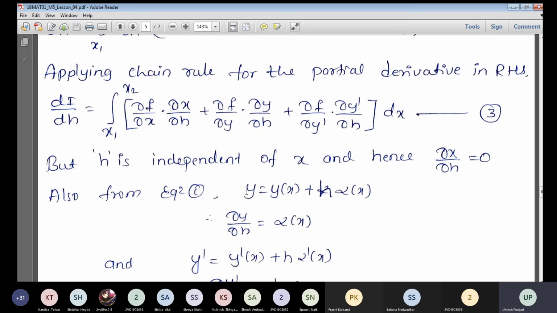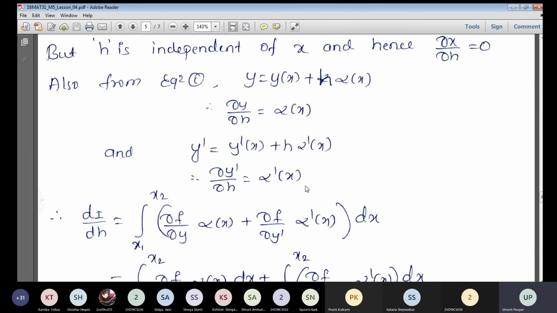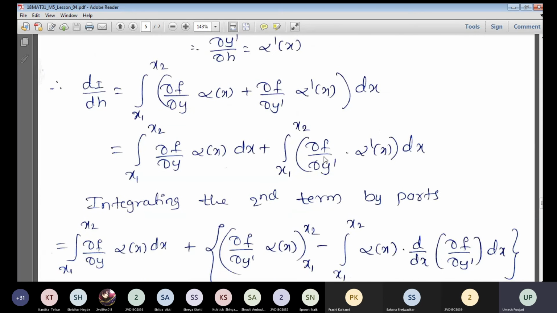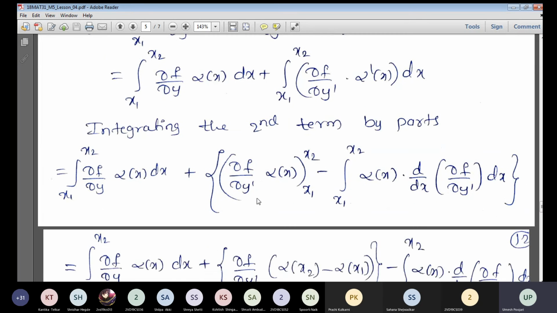If you differentiate this partially with respect to h, we get alpha of x, and if you differentiate y' partially with respect to h, then we get alpha' of x. Substitute those two values in the above equation, then separate the integral, keep the first integral as it is, and integrate the second integral by parts: u into the integration of v minus the integration of the derivative of u into the integral of v.